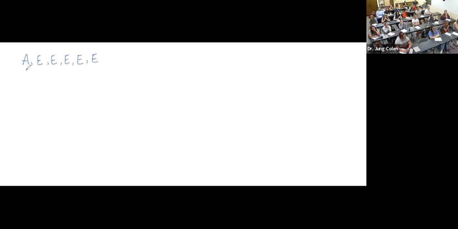Maddie just said there are 6 letters, but actually there are 2 letters, A and E, but 6 terms that are repeating, that's what she meant. So A, E, E, E, E comes next, and then A, E, E, E, E comes next, and so on and so on. This is the same pattern. Okay, then what?